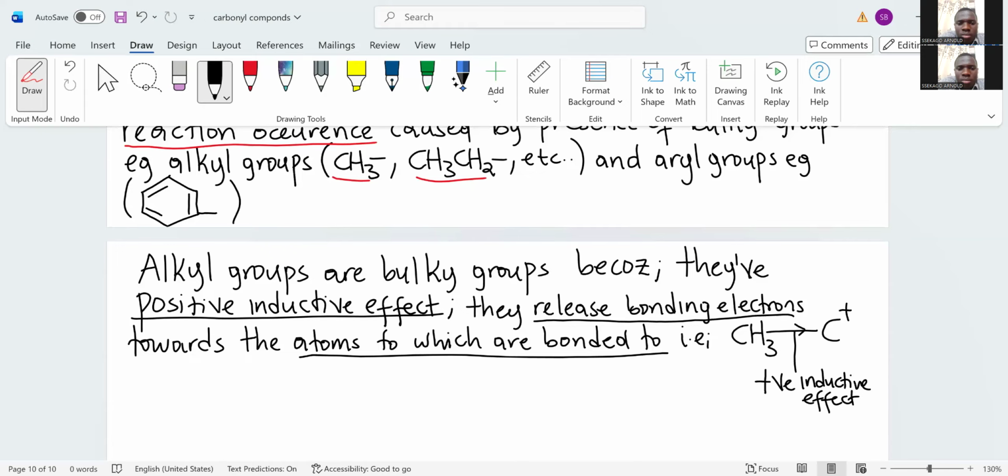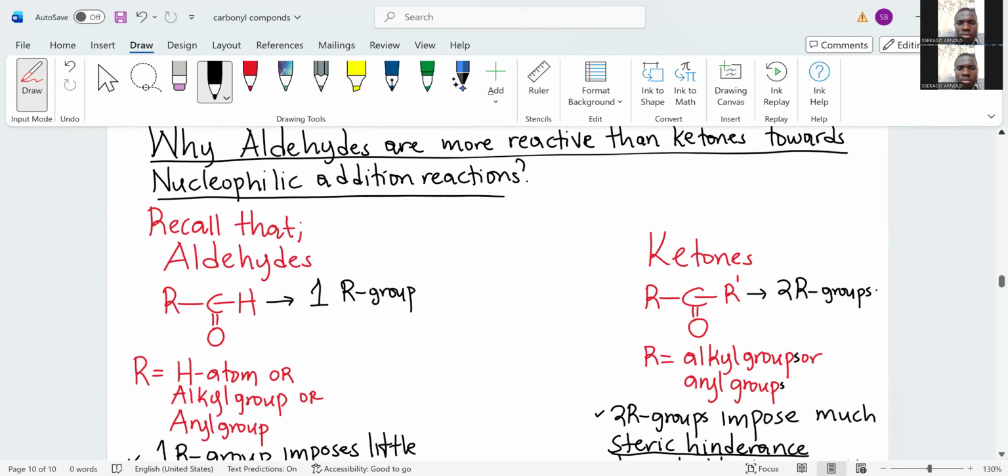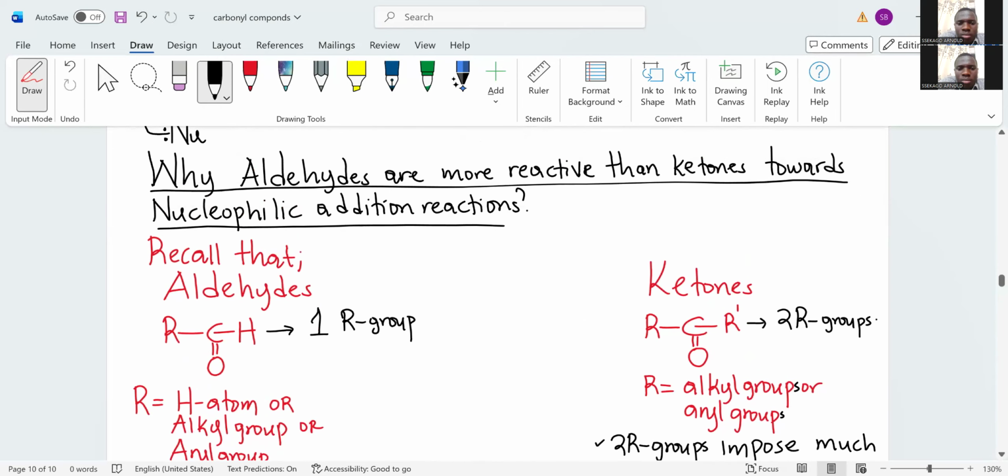So what have I been able to explain? It's important to know where we are coming from and where we are heading to. I have said that we have aldehydes with this structure and ketones with this structure. Aldehydes are made up of one R group. Ketones are made up of two R groups.